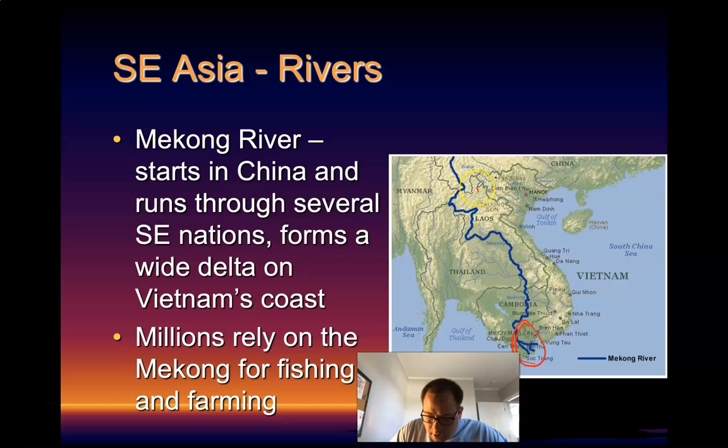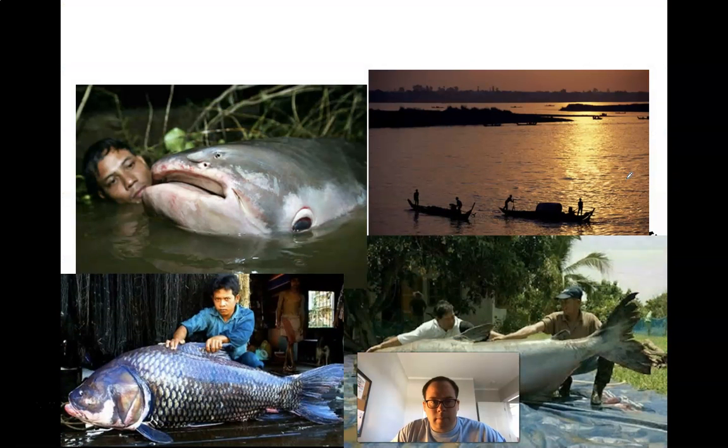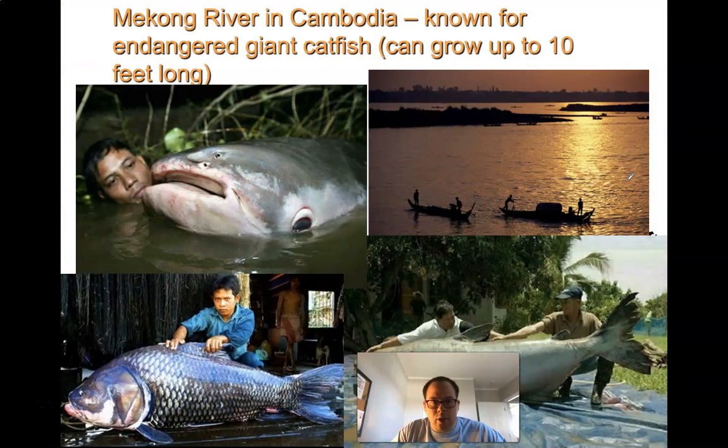There's a lot of fish. If you look how long and large this river is, it's vital for transportation to get resources up through the region, and so they can trade out here in the ocean and get it elsewhere. Large fish.